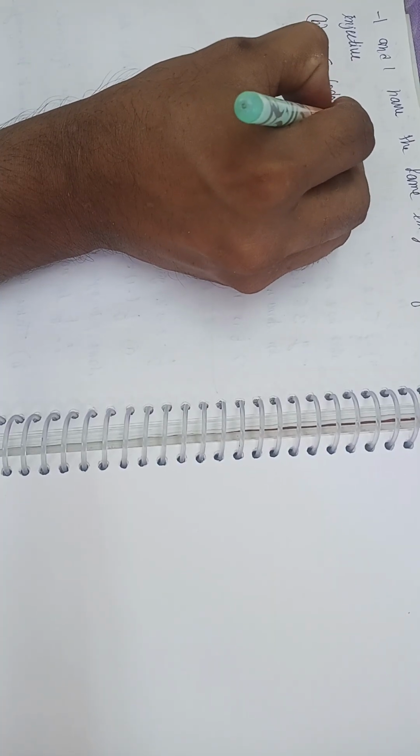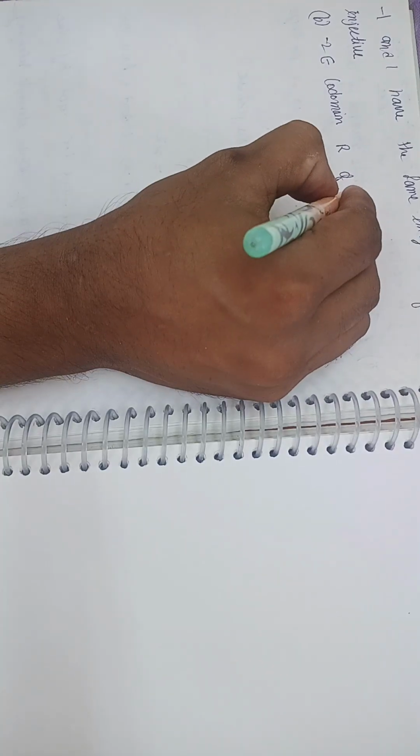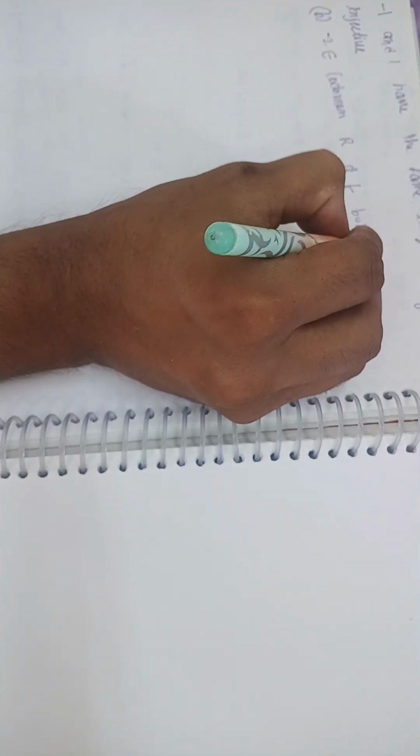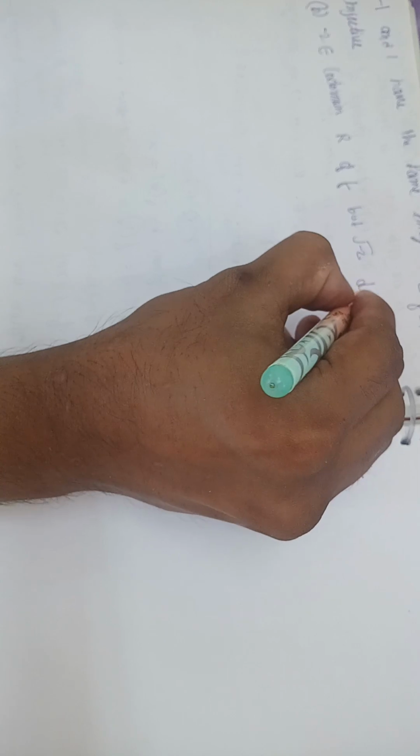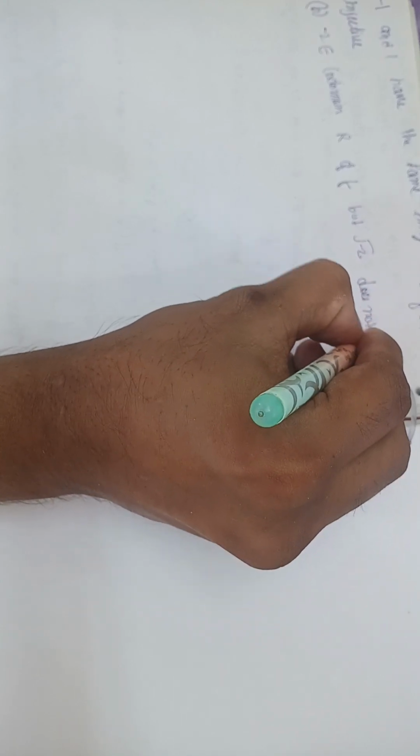Now b) to check surjective: -2 belongs to the codomain R of f, but under root of -2 does not belong to the domain R of f.